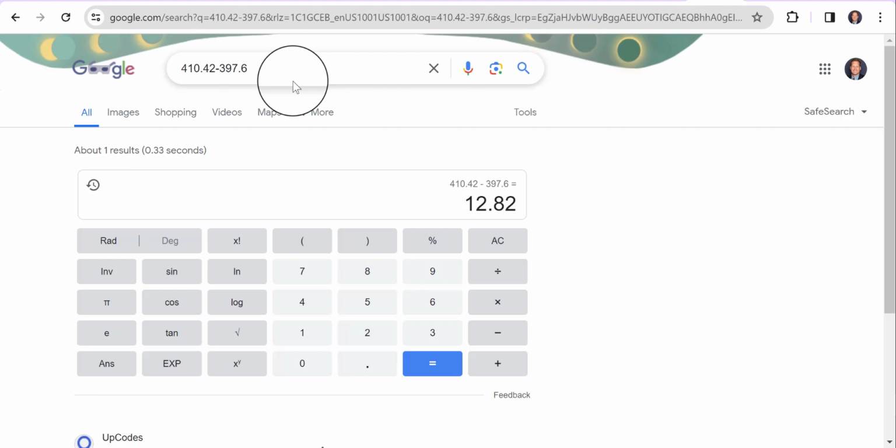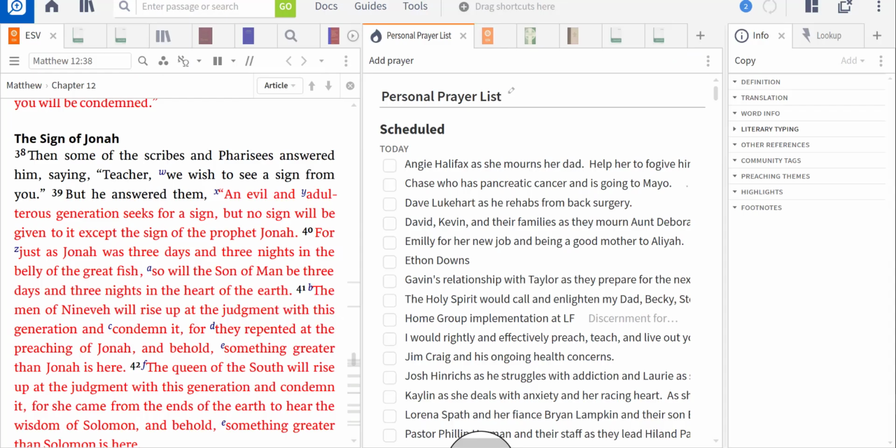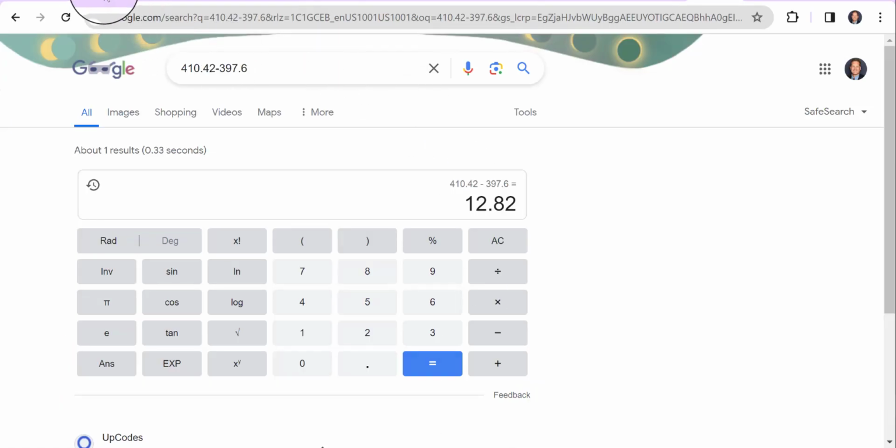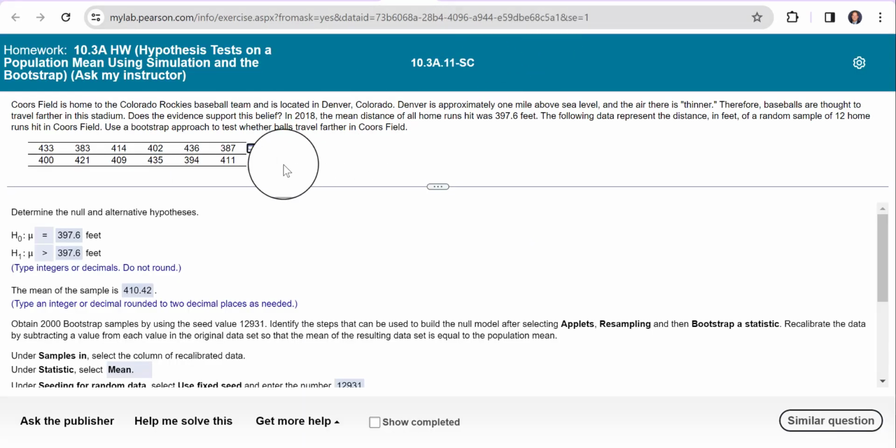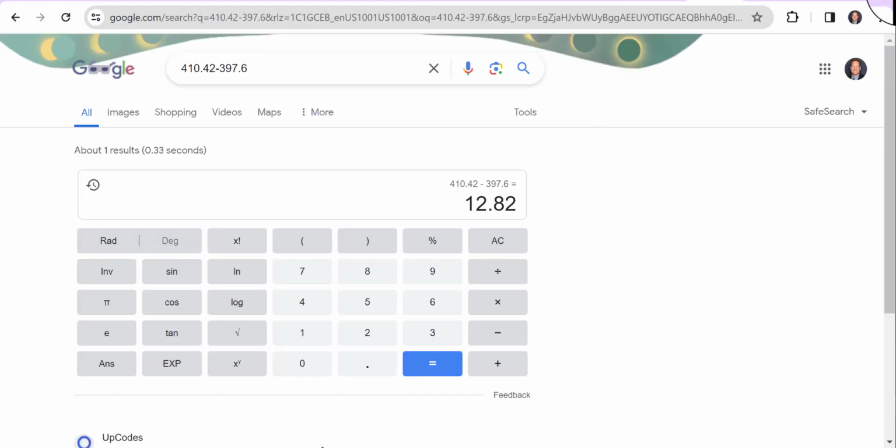So it is 12.82 higher than what we would want. So we need to adjust it down. Now, the easiest way, I think, to adjust this down is to go ahead and subtract that number from both.